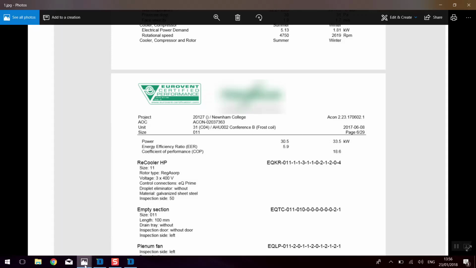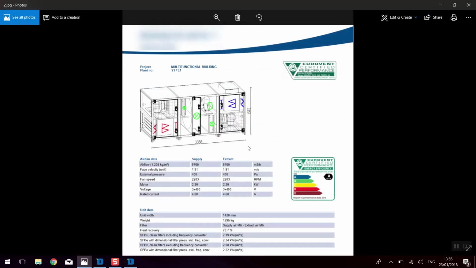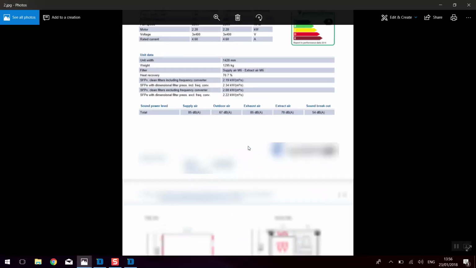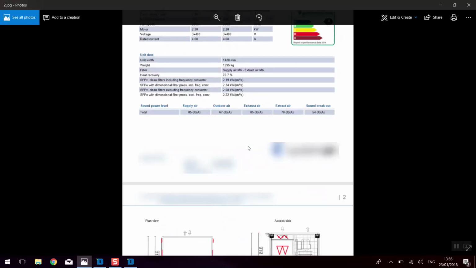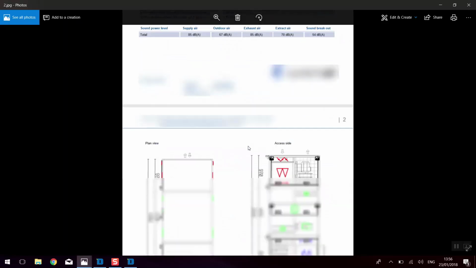We go to the next one, and here also everything looks very good, well designed, very professional.